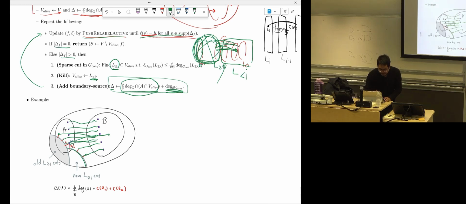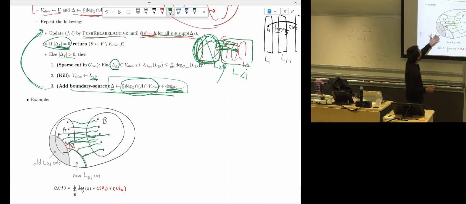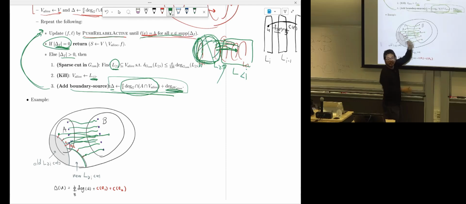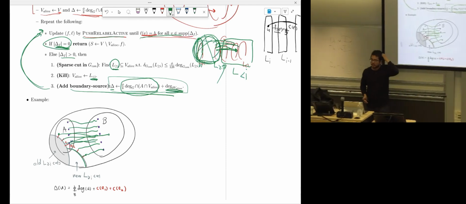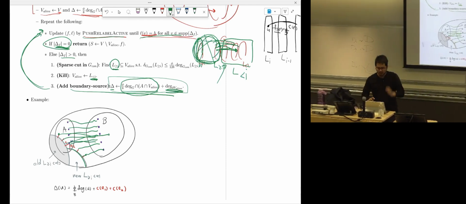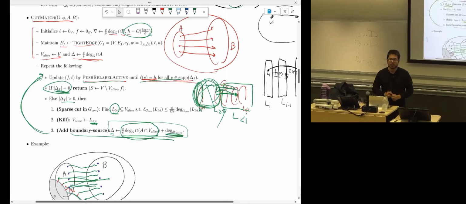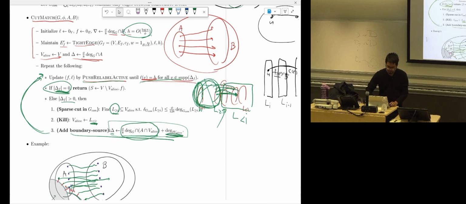So basically whenever I do this and redo again, suppose that in the next round there is no excess. Then basically we succeed in sending this flow, this source to the sink. Are we good? Is the algorithm description clear? Okay. Good.